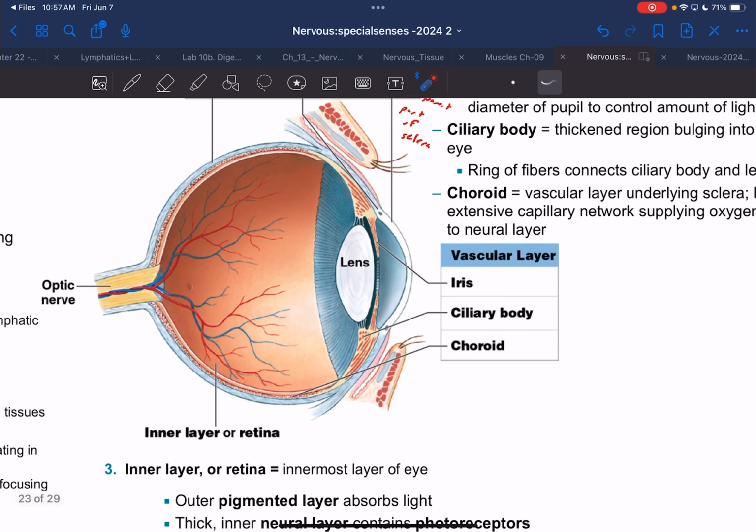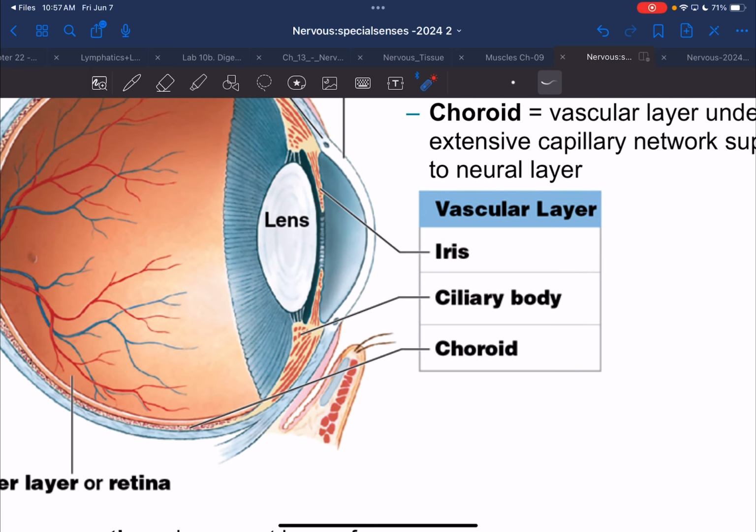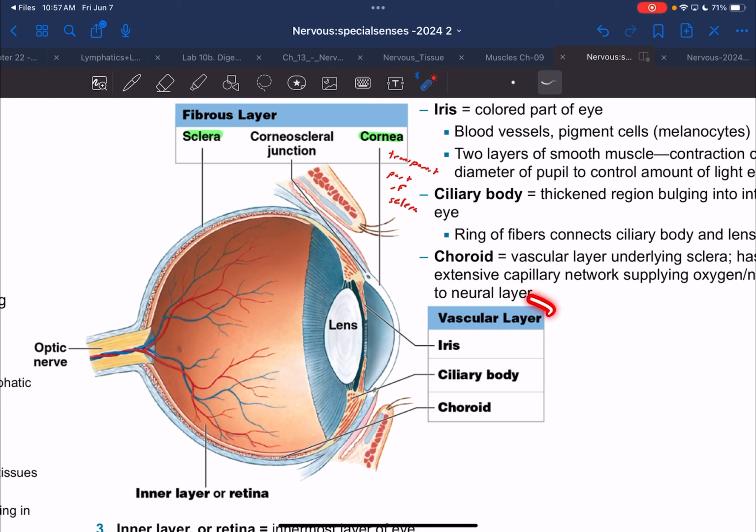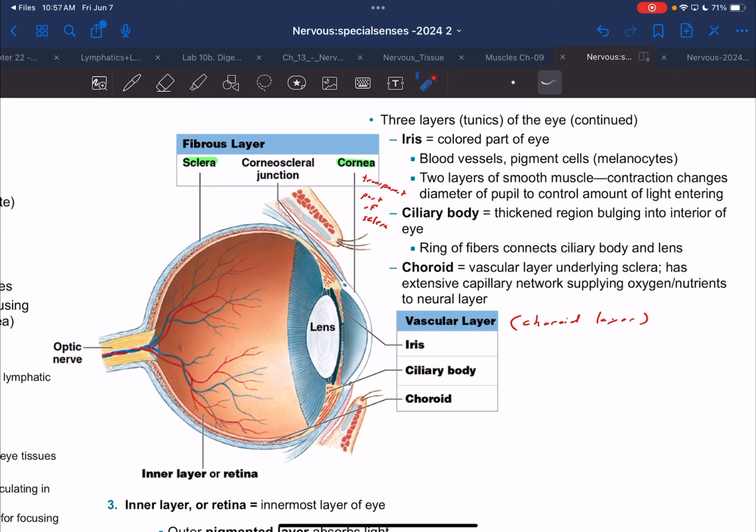Before I get to your question, Miles, when we look at the vascular layer, this is going to be the next layer underneath the sclera, which we call the vascular layer, or also just called the choroid layer. Your list in lab has it as choroid layer. But I like vascular layer because it's telling you the purpose of it, that it contains blood vessels in that region.